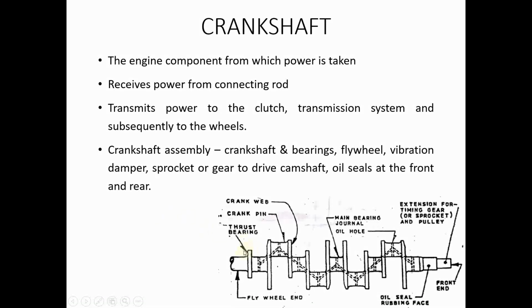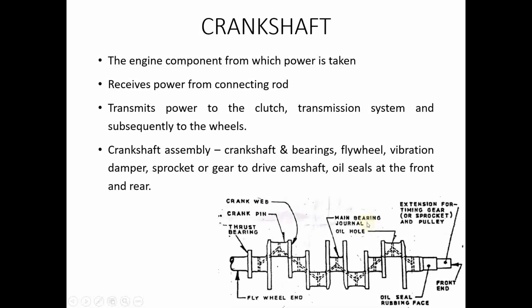Then we have the thrust bearing, and this is the main bearing. If you take the crankshaft, we have multiple main journals which support the crankshaft. This is the first one, second, third, fourth, and fifth. These journals, which are coming at the axis of the crankshaft, are known as the main journal bearings.